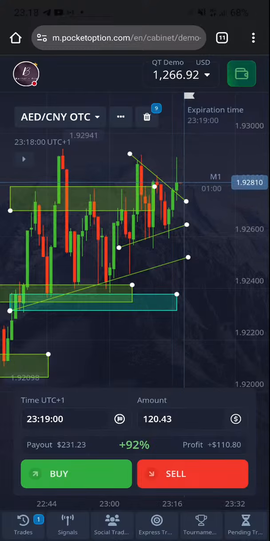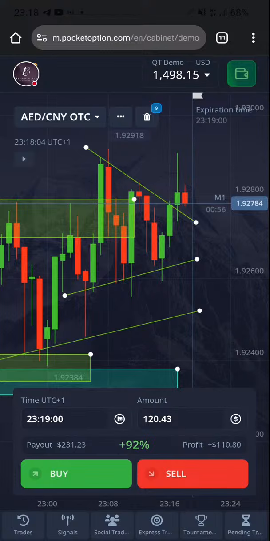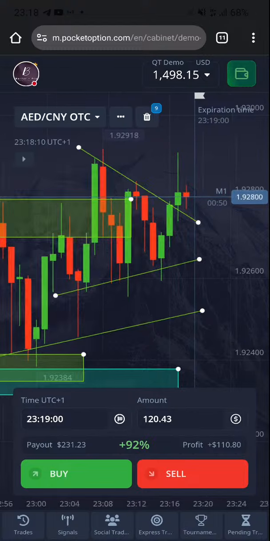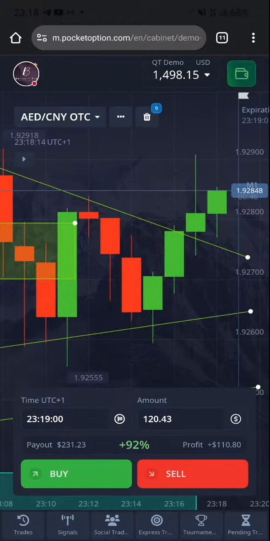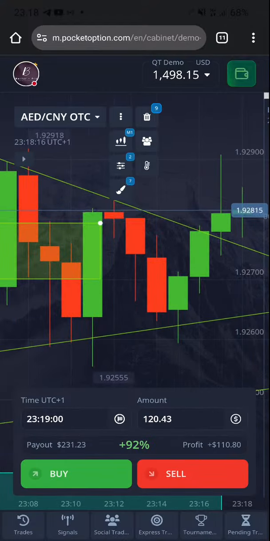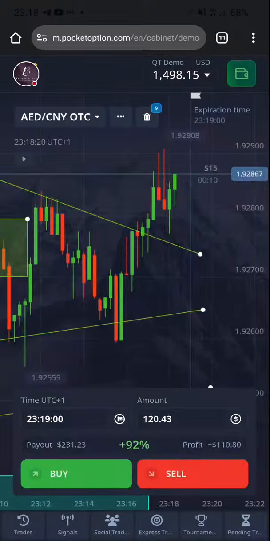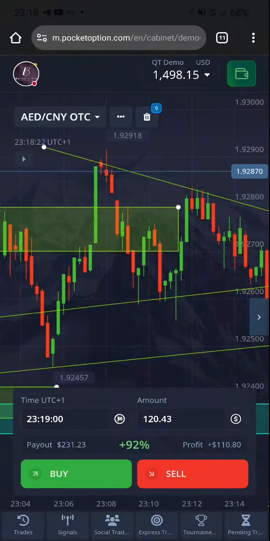Whoa, wow. You see that push to the downside in the last about 2 seconds? That's crazy. You see what I'm talking about now? You see that rejection? I can bet that that rejection probably happened from a supply area here at the lower time frame. Let's look for it.